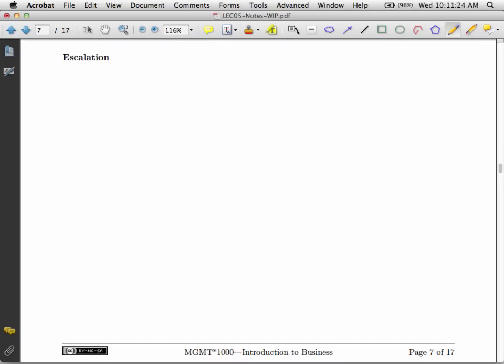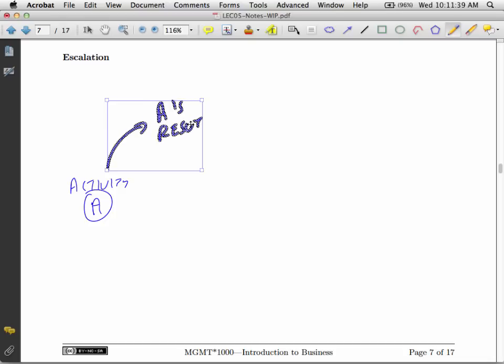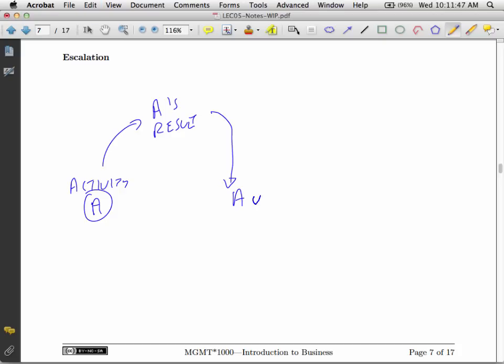Escalation. Well, we have some activity by party A, and that leads to some result for party A. And then we have what I'll call A versus B. This is the results of A relative to the results of B. And then we have B taking some action.